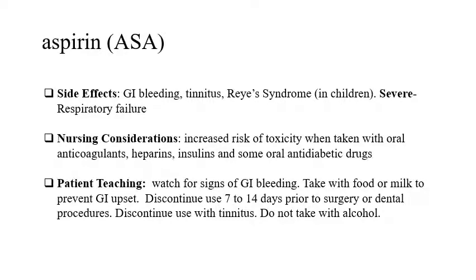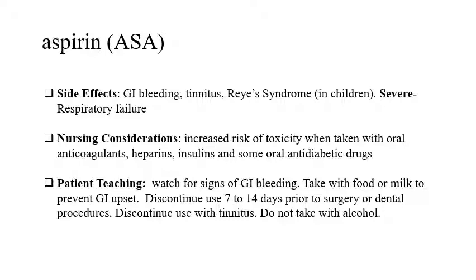Those would include oral anticoagulants, heparins, insulin, and some oral anti-diabetic drugs, because these increase the risk of toxicity. Corticosteroids might decrease the salicylic levels, and NSAIDs may have reduced therapeutic effects and increased GI effects when taken with aspirin.